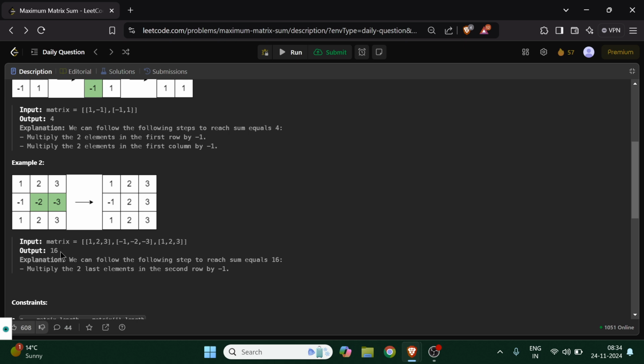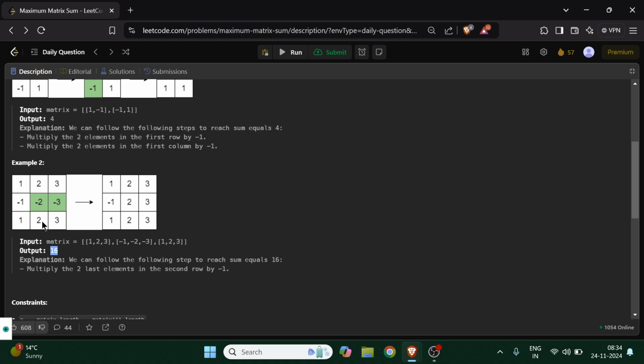So that's how the answer is 16. Now for example, if this negative 1 is given positive, and instead this 3 has a negative value, in that case we will perform this operation as it is. Now 2 and 3 are positive values, and here we see a negative. When we perform an operation with these two elements, this 3 is positive, and this 2 will become negative.